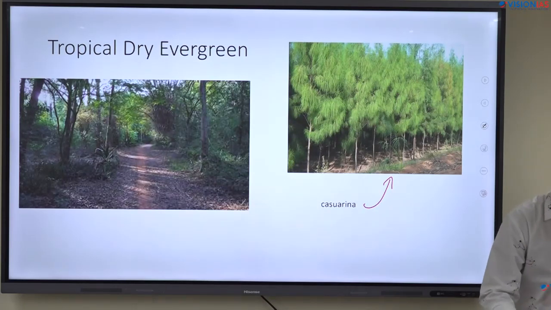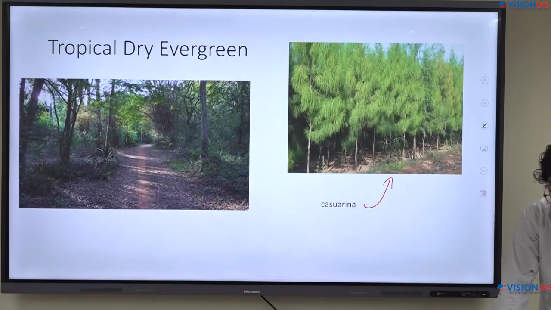Okay. Now category number 6, tropical dry deciduous forest. Go to the map. Start looking, you will easily find this. Tropical dry deciduous. Start from Punjab, from North India.